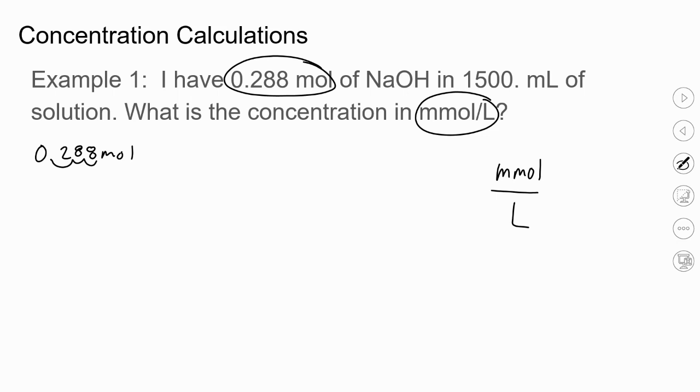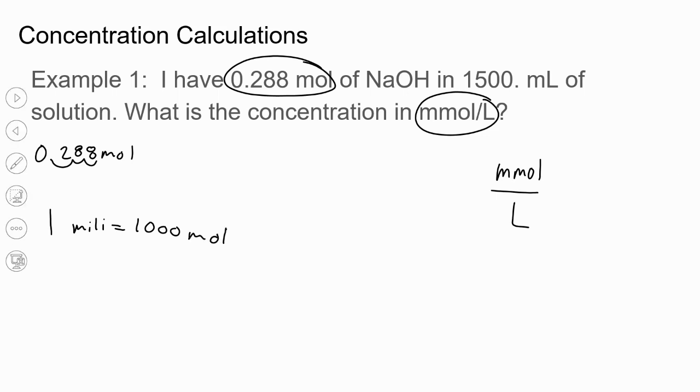Because milli means 1,000. Okay, so 1 millimole is 1,000 moles. Would you agree with that? No. Think about it: this prefix is 1,000.